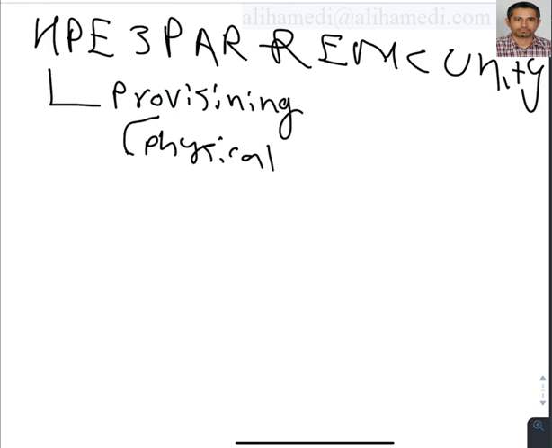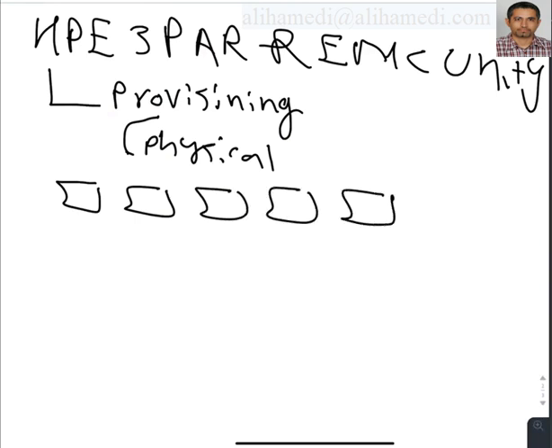In EMC Unity, if you want to configure the storage, for example, if you want to choose 5 disks as a resource for storage configuration, you should create a pool. So we should create a pool with these 5 disks.